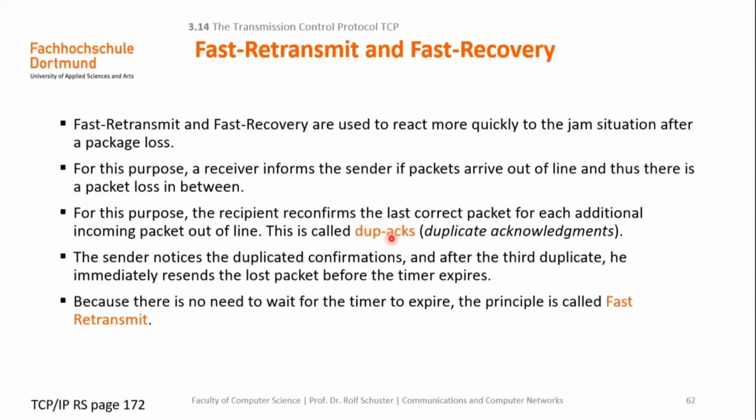The sender notices the duplicated confirmations, and after the third duplicate, the sender immediately resends the lost packet before the timer expires. Because there is no need to wait for the timer to expire, remember the RTO, the retransmission timeout, the principle is called fast retransmit.